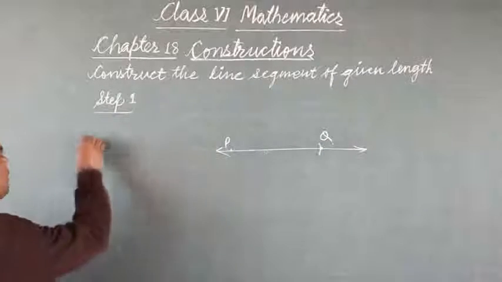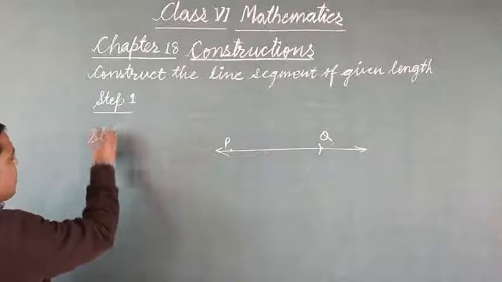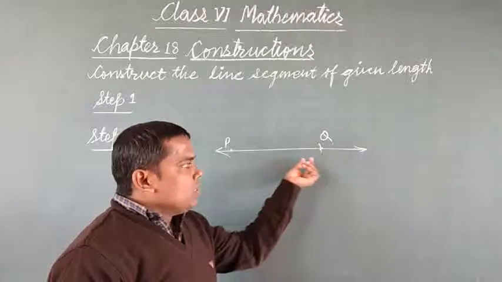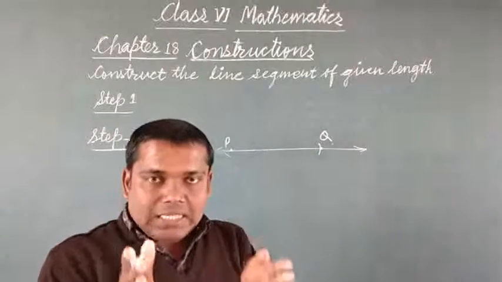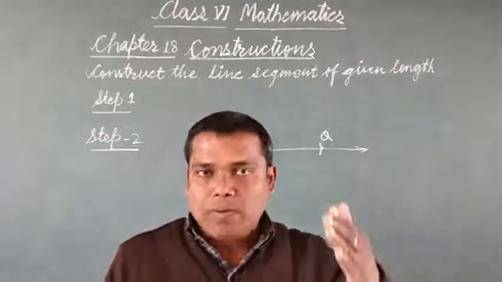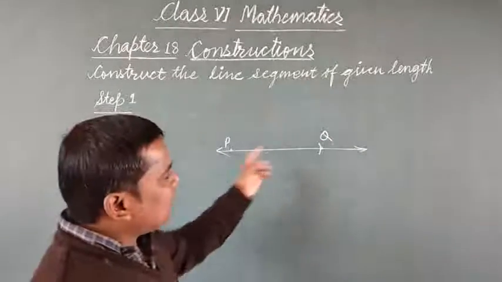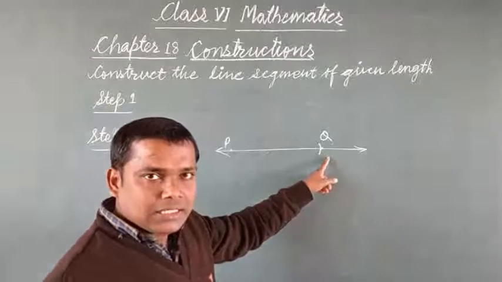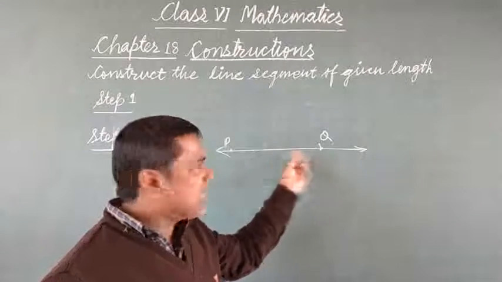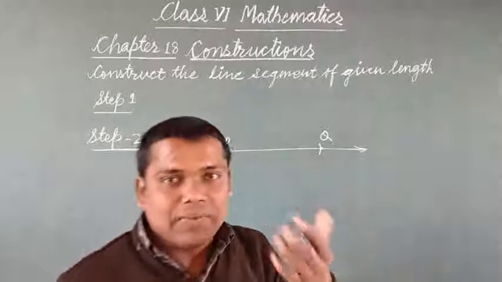Okay, so step 2. In step 2, I will measure the length that is given to us on the scale with the help of the compass, and then I will make an arc on the line. I will now have line segment PQ of the given length.